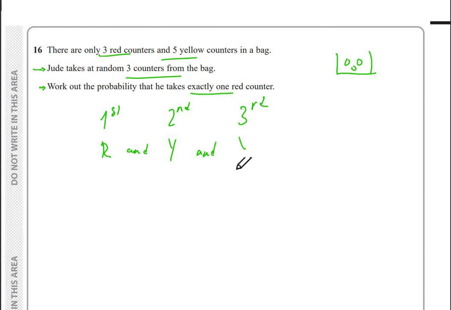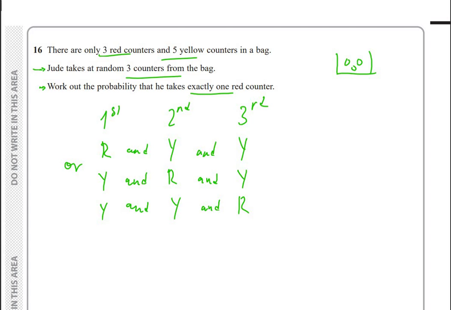Or for his first pick he could take a yellow and a red for his second pick, and a yellow for his last pick. Or he could take a yellow for his first pick, a yellow for his second pick, sorry, and a red for his last pick.